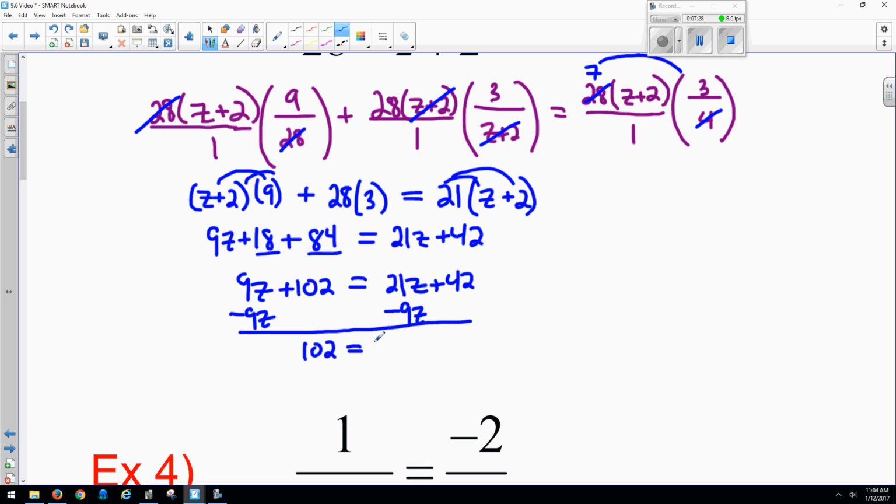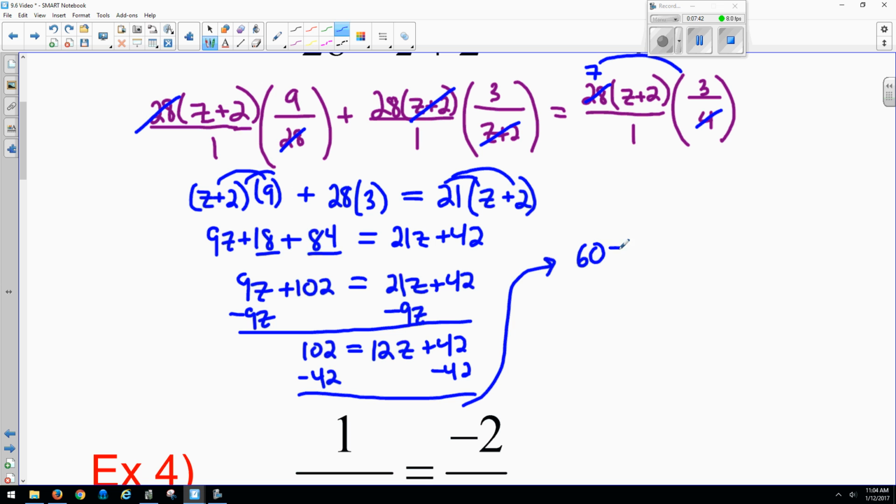It's a pretty straightforward procedure. Subtract 42 from both sides. I'm going to run out of room. So I have 60 equals 12z. And divide both sides by 12.